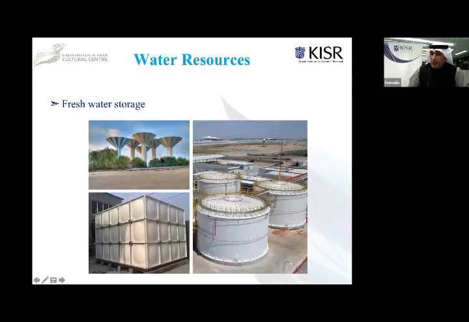Those are the types of tanks that we deliver the fresh water to before it goes to the consumers. We have the towers. The picture on the right side is the service tanks, and the one on the lower left side is the subsurface tank, which is built underground, and from there we can use some pressure to deliver to the consumers.